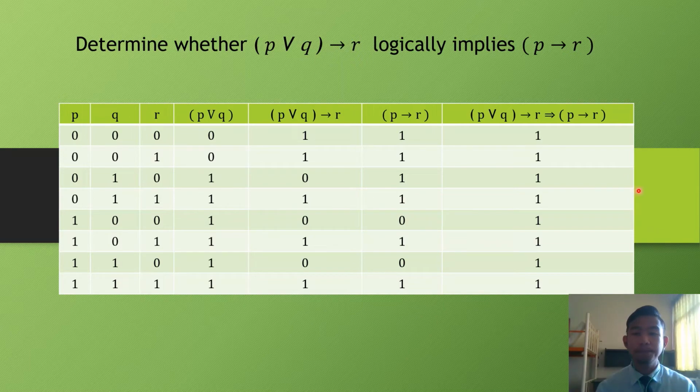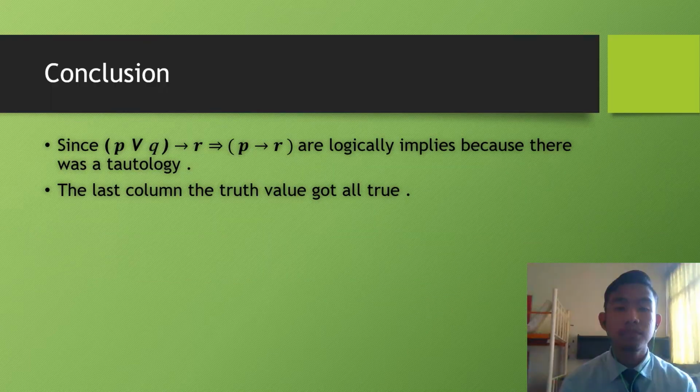So for the last column, which determines whether the statements are logically implied, we see that all the truth values in the last column are true, and there is a tautology. Alright, to wrap up example 1: since all the values in the last column are true, it is a tautology.